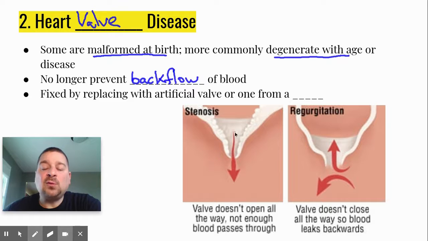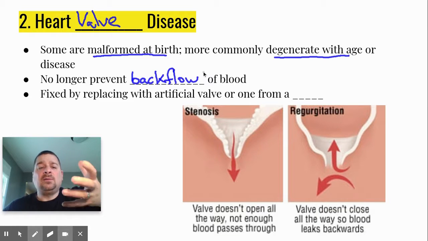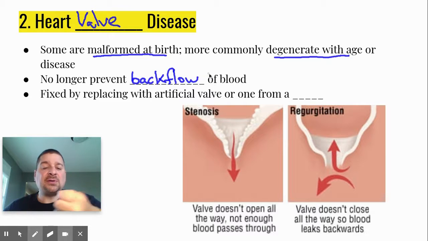If your valves don't work right, then when your ventricle goes squish, right or left, the blood can go back up into the atria where we don't want it to go. If the semilunar valves fail, then it could go back into the pulmonary trunk or aorta, and it could flow back down into the ventricle, and that's not good.